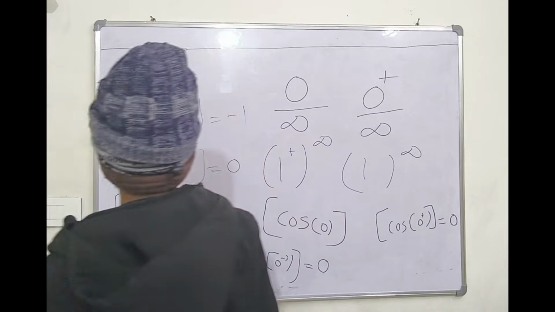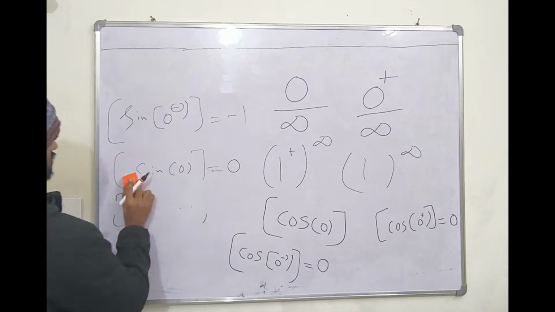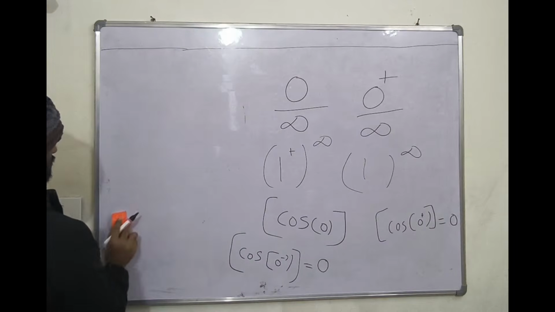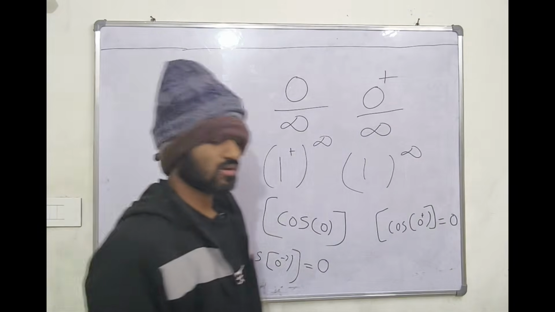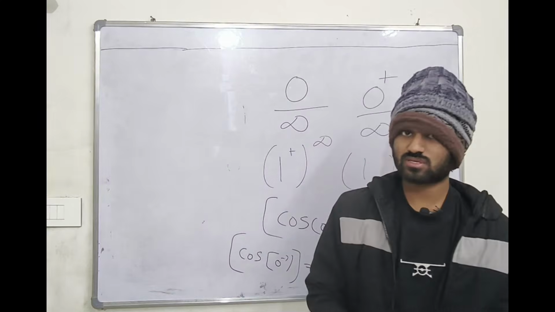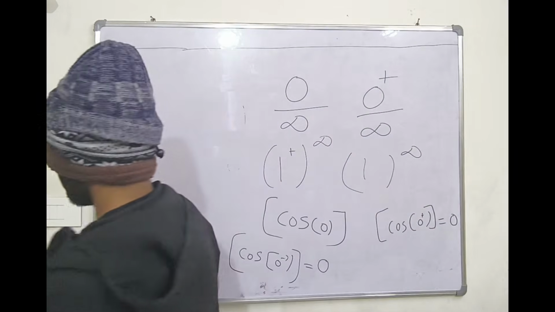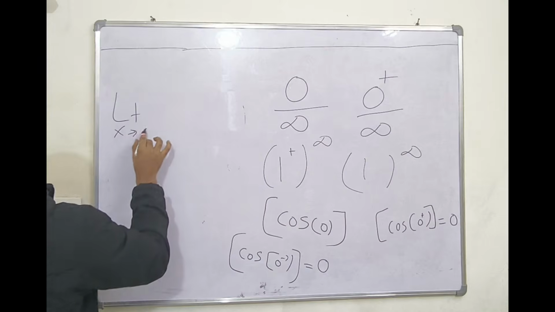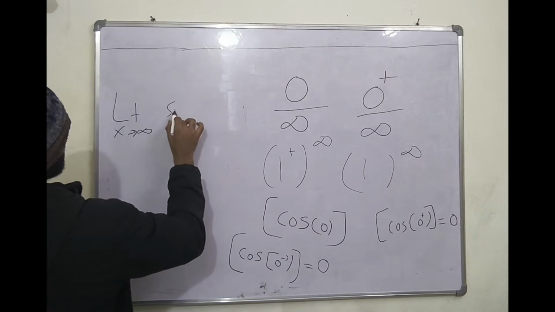And some oscillatory functions, students also get stuck with oscillatory functions. Some oscillatory functions are divergent, some are convergent, but students can't find whether it is divergent or convergent. Example, limit x tends to infinity of sin x by x.